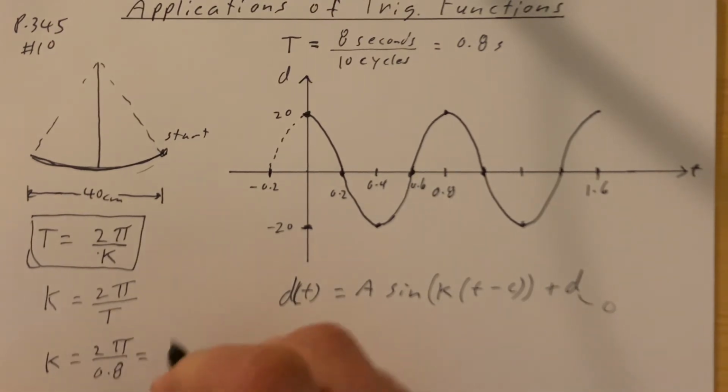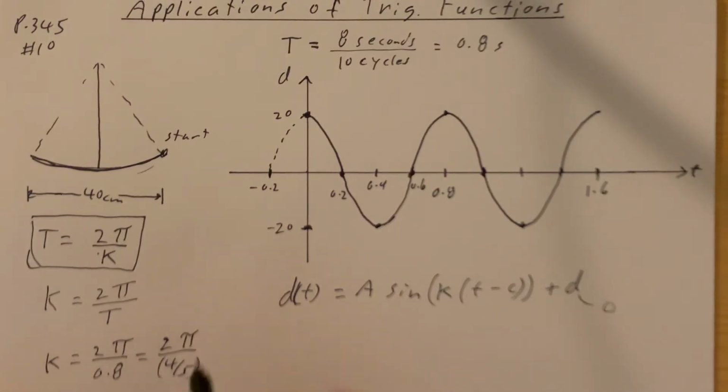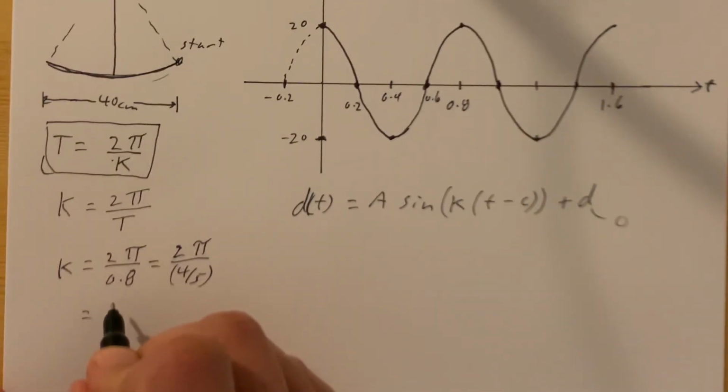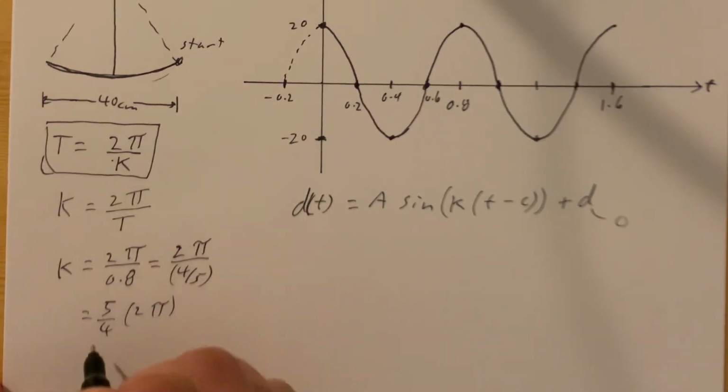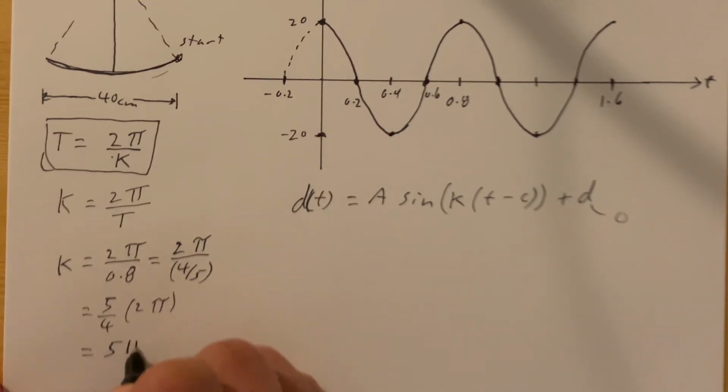The fraction is 4/5. 2 pi over 4/5. When we divide by fractions, we flip the bottom one and multiply. So that equals 5 over 4 times 2 pi, and that reduces to 5 pi over 2, and that would be the K value.